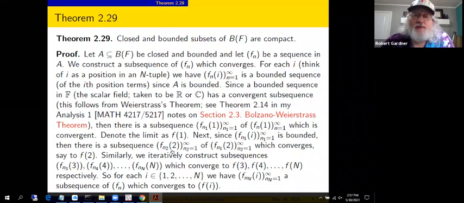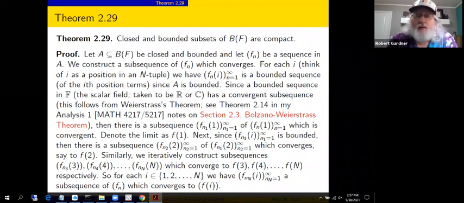When I equals 2, bounded sequence in a setting where bounded sequences have convergent subsequences. So choose f sub n sub 2 of 2, n sub 2 equals 1 to infinity, to be a subsequence of f sub n sub 1 of 2, right? This subsequence up here with I equals 2. So pick that to be a subsequence of that first subsequence, which converges. So we're doing this nested subsequence stuff.